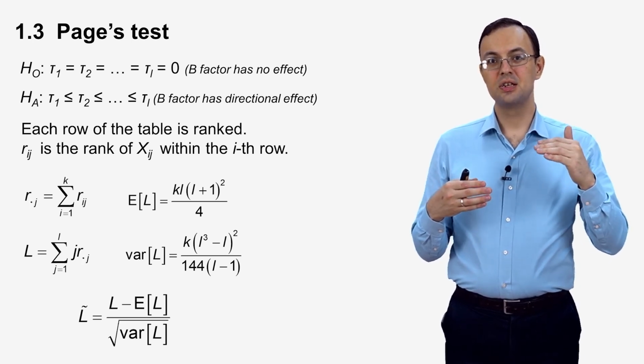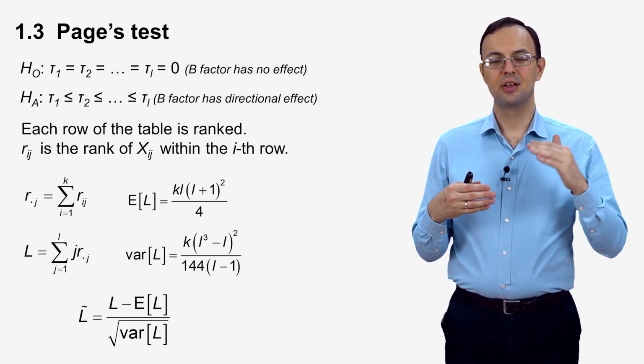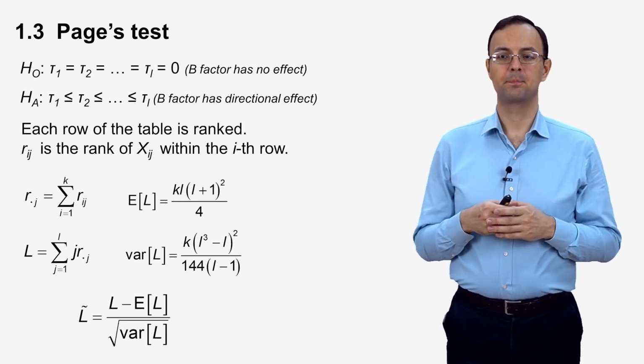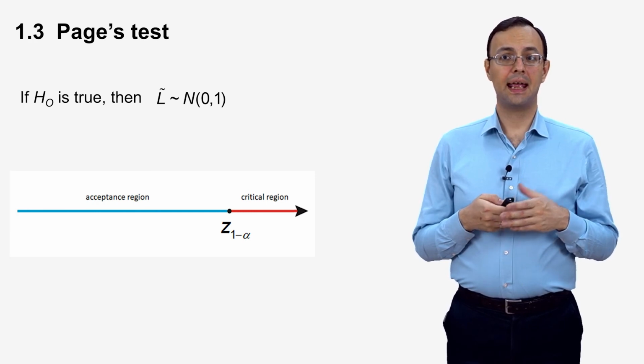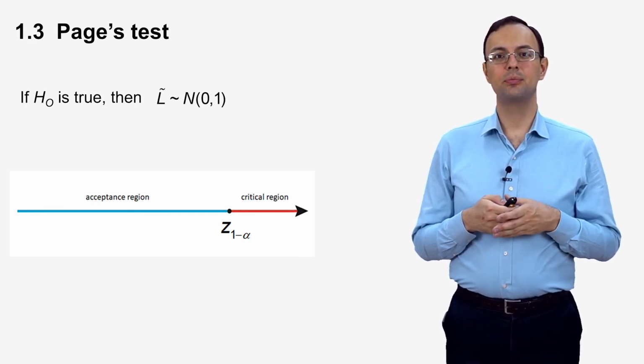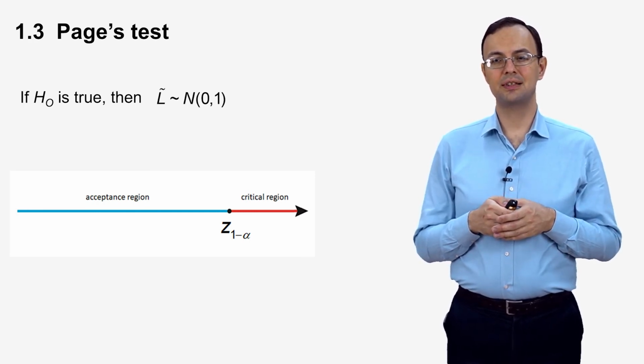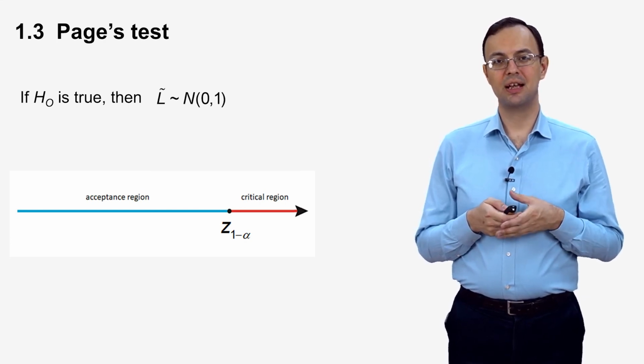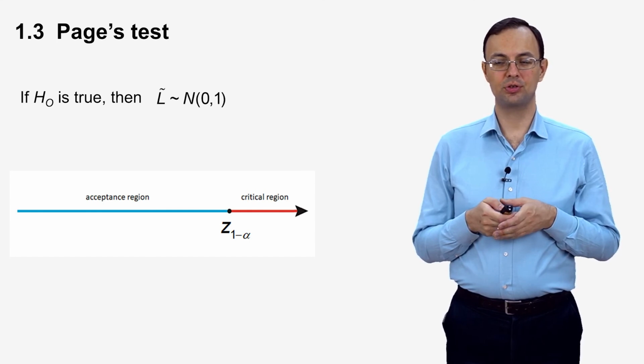So when the number of the factor level increases, the average response is also increasing. And as we assume the standard normal distribution for L tilde, we use the quantiles of the standard normal distribution to separate the acceptance and the critical regions.